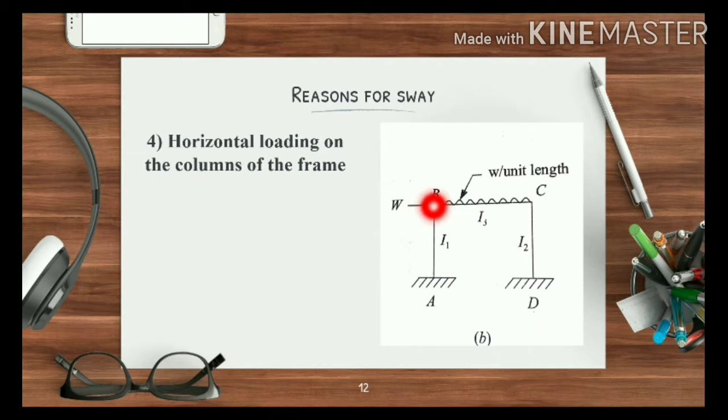Here there is a load of W acting on joint B. Due to this load there will be a side sway movement of the column. If a load of the same magnitude were acting in the opposite direction at joint C, the sway due to load W would be resisted by the load acting on joint C. Here there is no such load, therefore this frame will be a sway frame.